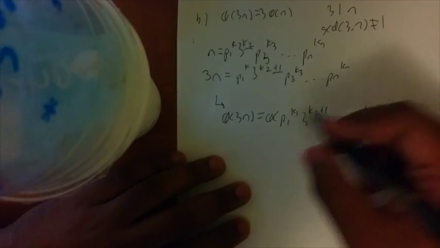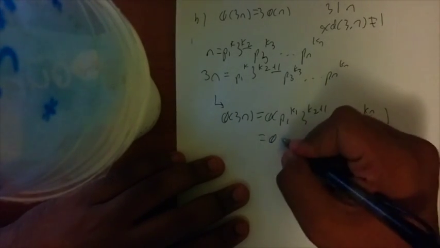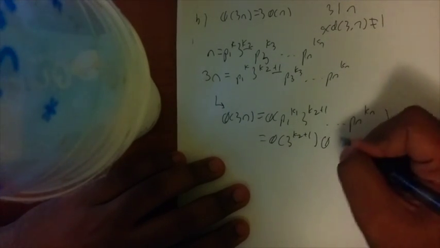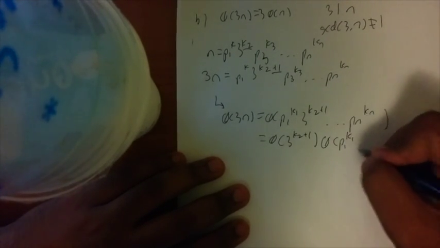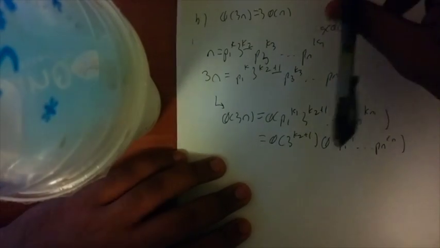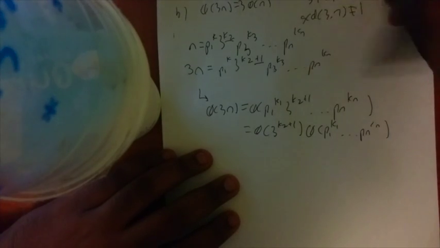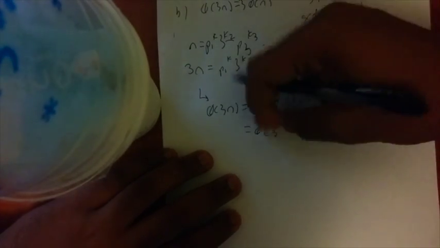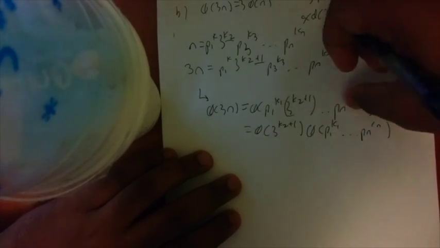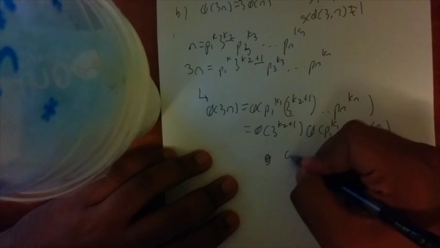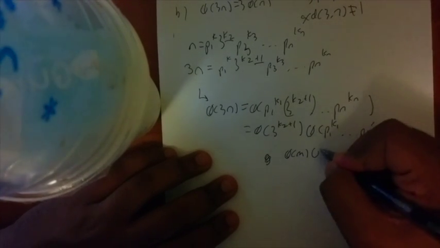I can group it together such that it's phi of 3 to the k2 plus 1 times phi of p1 to the k1, dot, dot, dot, pn to the kn. How I set this up was I used the multiplicative property. I grouped all the 3's together and then all the things that weren't 3. So basically I did phi of m times phi of n.